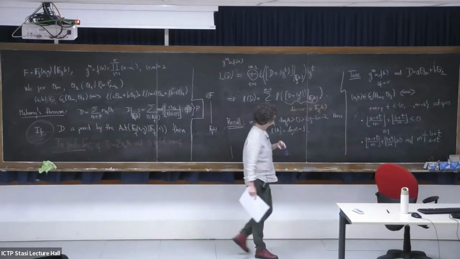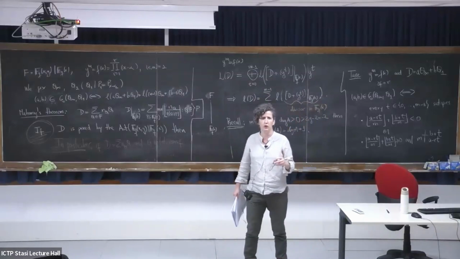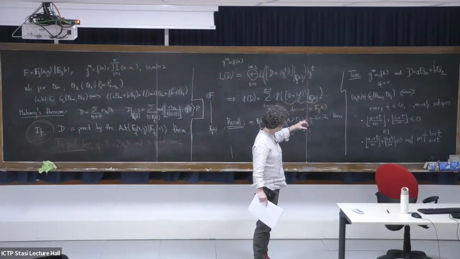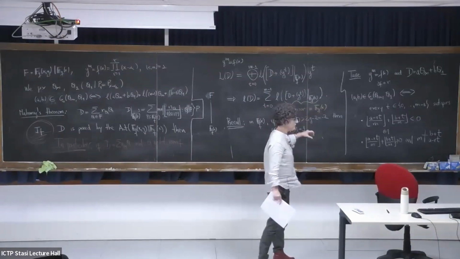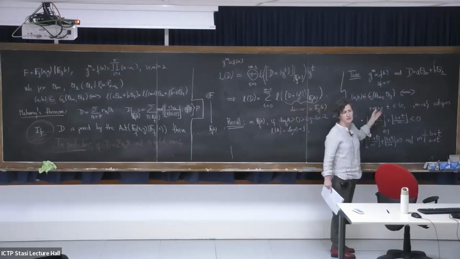Tomorrow, what we'll do is show how we can improve the minimal distance of codes using pure gaps, and then we are going to work out an example over the Hermitian function field for these places, Q infinite and Q1.